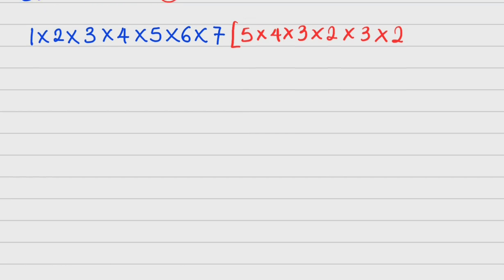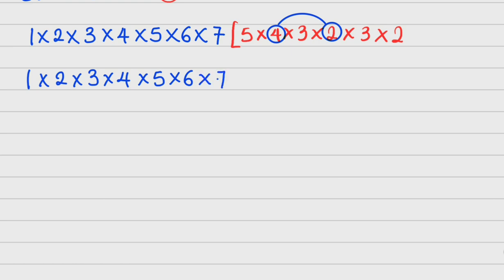This is what you need to know. Do you know that these 4 and 2, when they are multiplied together, give 8? Since it gives 8, this is what I'm going to do. I'm going to have 1 times 2 times 3 times 4 times 5 times 6 times 7, then I'll have times 8.